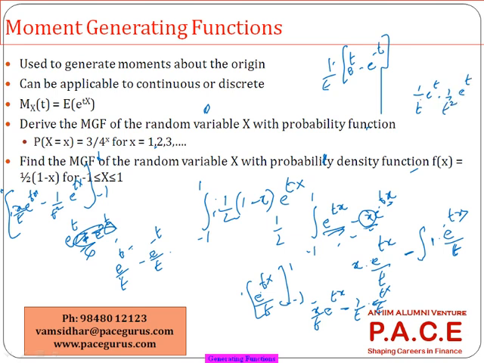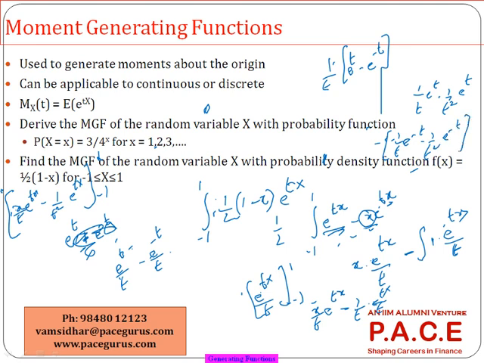When I put x equal to minus 1, I get minus 1 by t e power minus t minus 1 by t squared e power minus t.